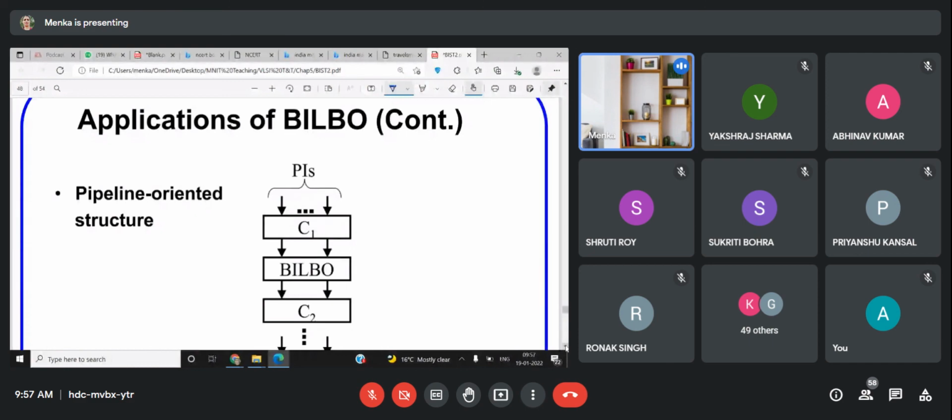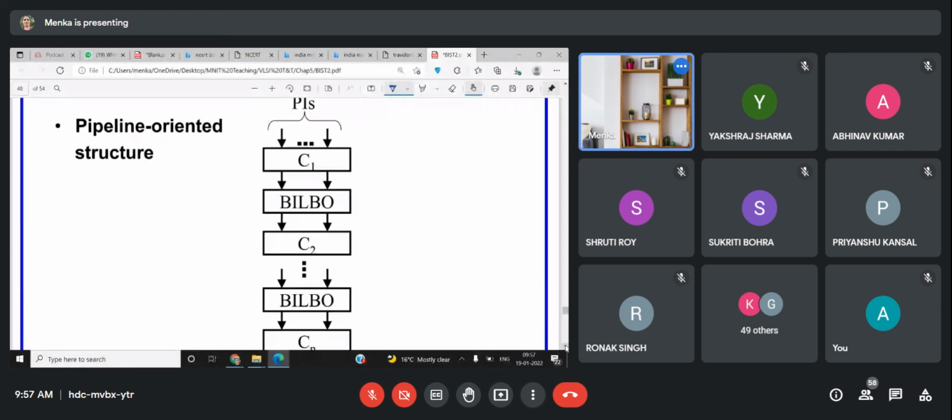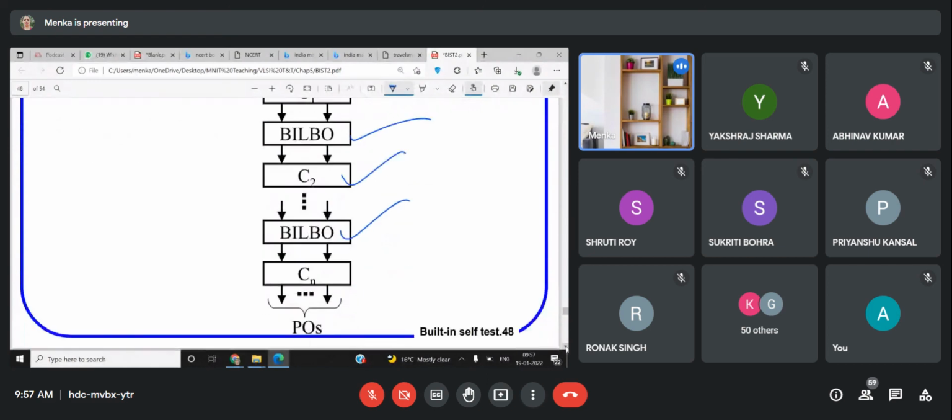And in pipeline oriented, pipelined means one sequence after another. C1 is there, C2 is there, Bilbo is there. Then another Bilbo is there, another chip is there, and likewise the primary outputs will be available over here.